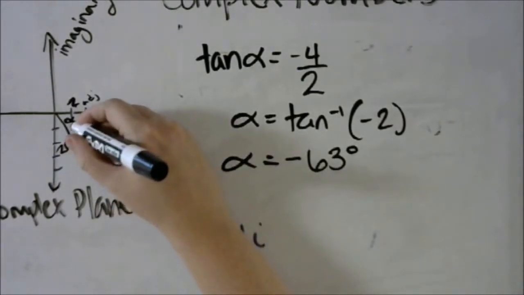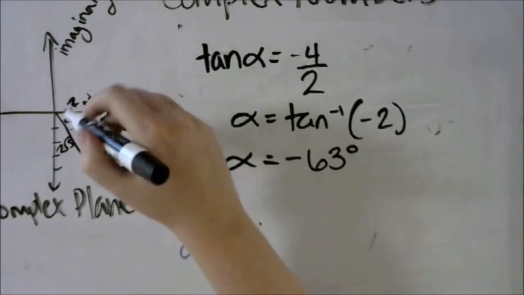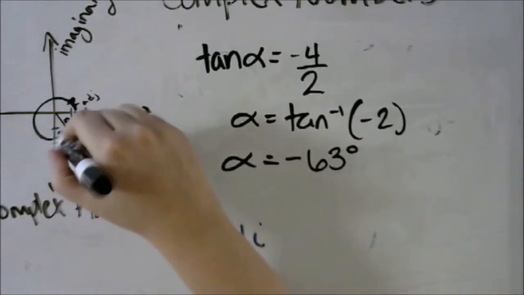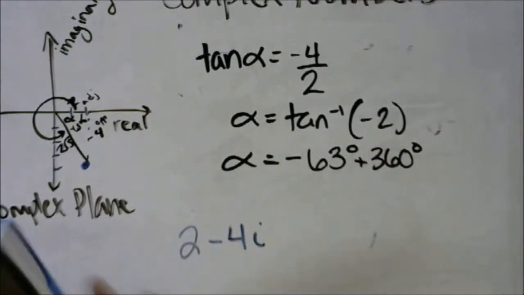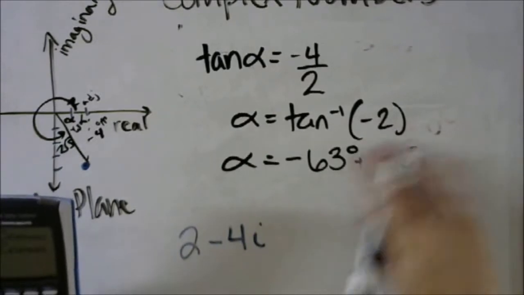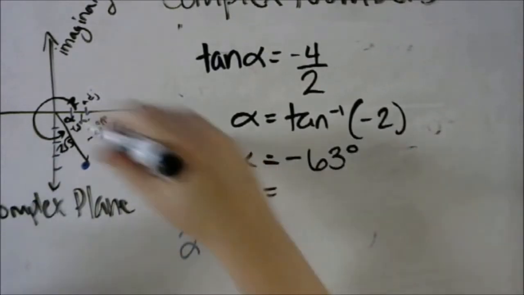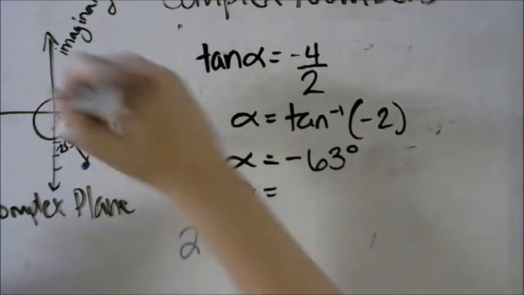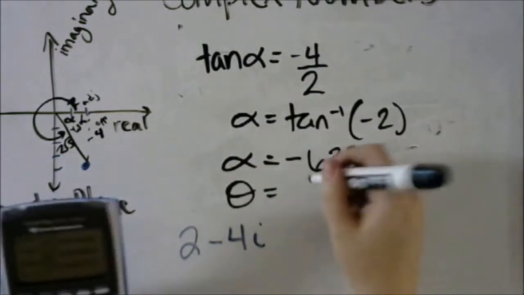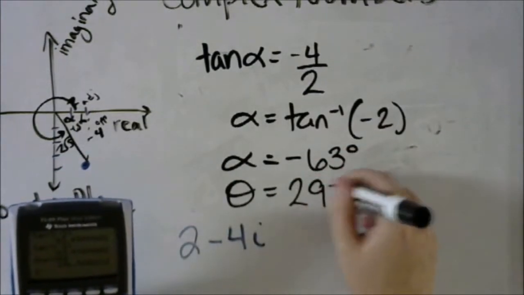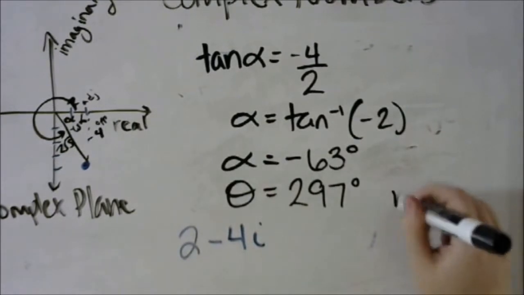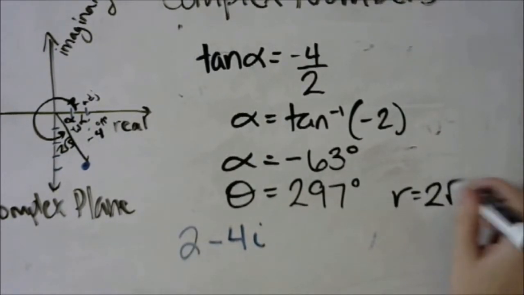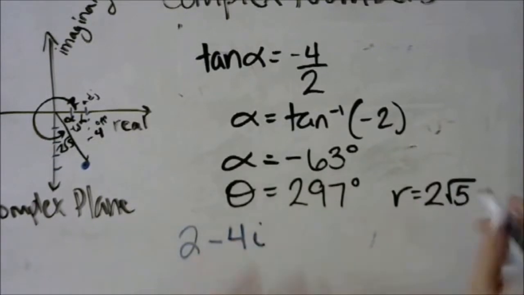Alpha is negative 63 degrees, but it's located in quadrant 4, so we add 360 degrees to our result, and we find that theta, the full terminal angle, is 297 degrees. Now we have both pieces: r is equal to 2 radical 5, and theta is equal to 297 degrees.